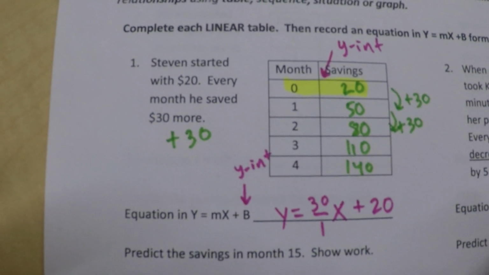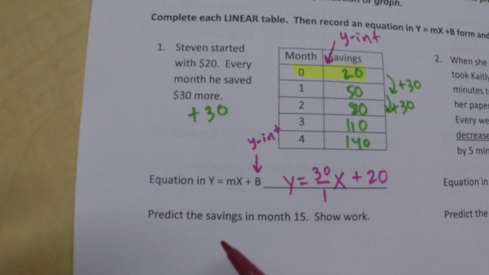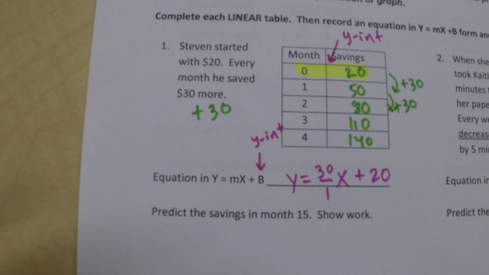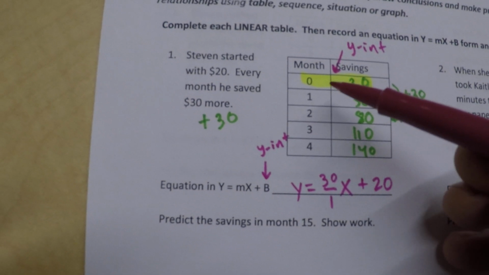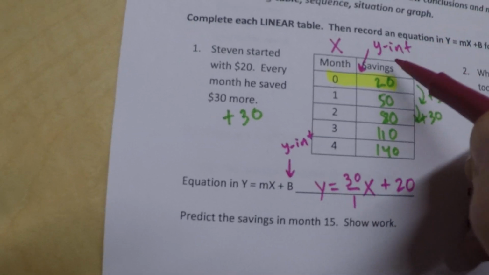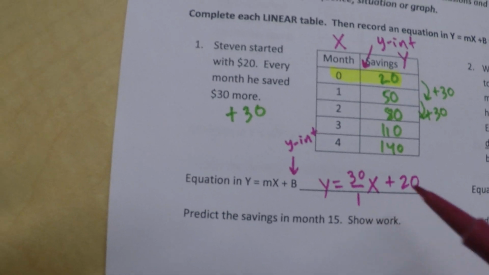Okay. You can also use this equation now to answer some questions. So predict the savings in month 15. Since month is our x and savings is our y, I'm going to put 15 in for x.